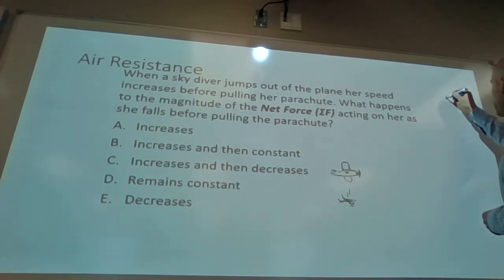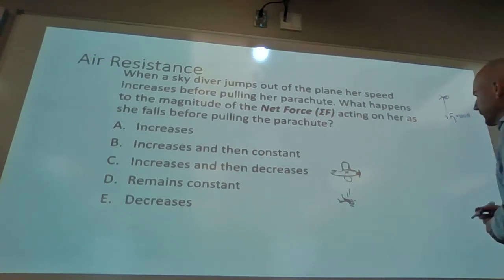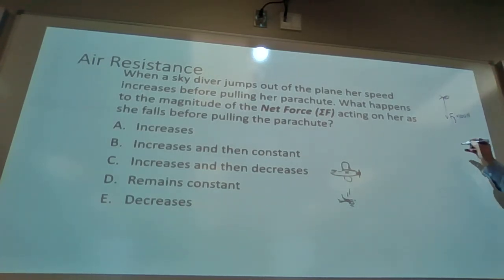So, we're starting at rest. I'm going to say force of gravity, 100 newtons. As she falls, her force of gravity is still 100 newtons. And let's say she has 20 newtons of air resistance.